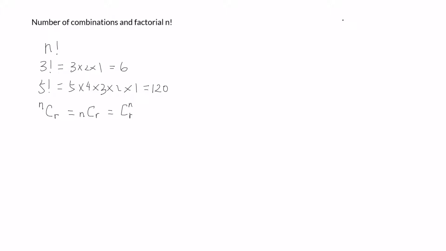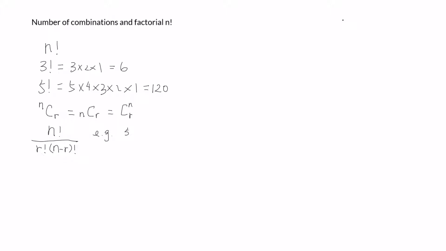Now the formula for calculating this one is n factorial divided by r factorial times (n minus r) factorial.